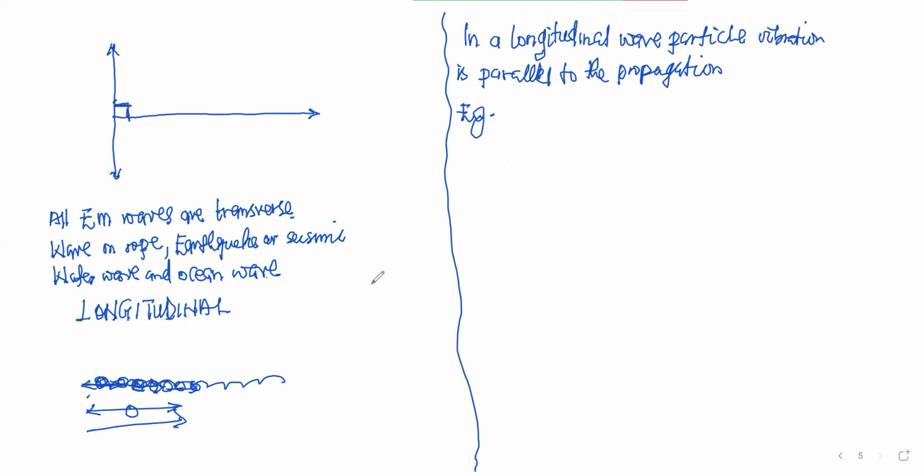And for an example, longitudinal waves are not many. One key example is a sound wave. So sound wave is an example of a longitudinal wave. Then we also have waves formed at the deeper parts of the ocean or water bodies.